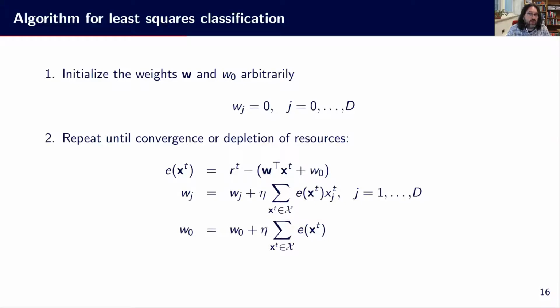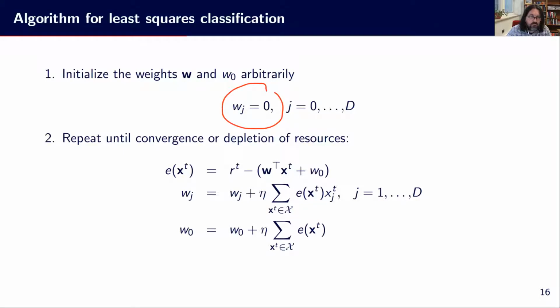So directly, we've got a new algorithm, the least squares classification algorithm, which gets the output h close to the target r^t. The algorithm is similar to the perceptron. We start by initializing the weights to something arbitrary.